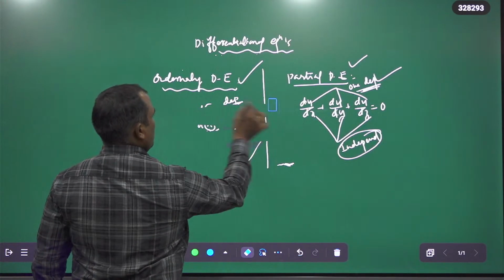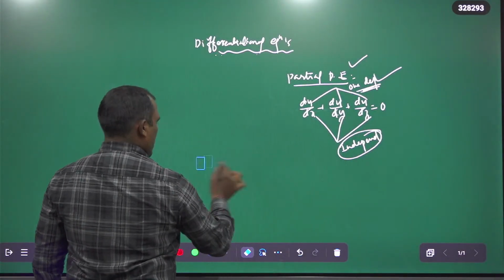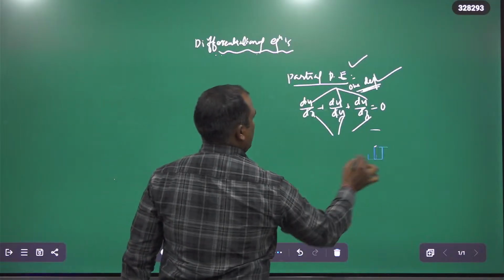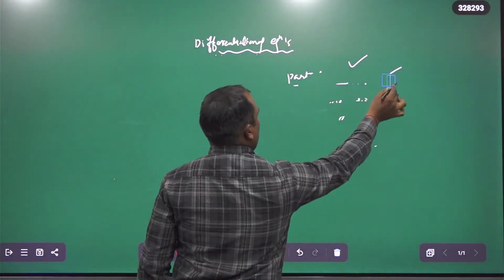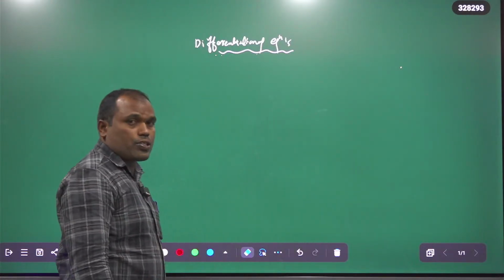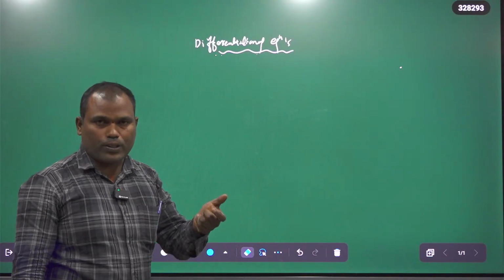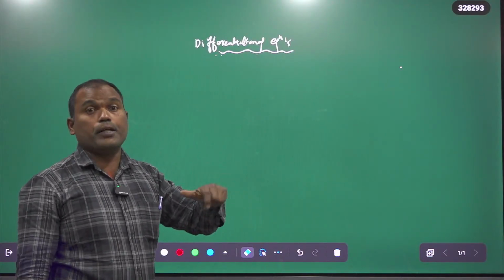Now coming to order and degree. I hope all of you understood. Differential equations are equations involving one dependent variable and its derivatives with respect to one or more independent variables.